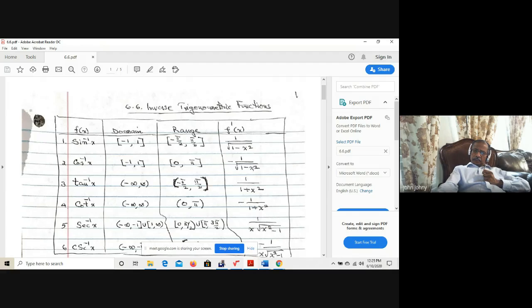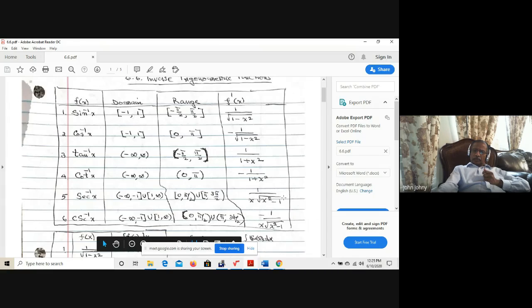Antiderivative of negative 1 over square root of 1 minus x square is cos inverse x plus c. Antiderivative of 1 over 1 plus x square is tan inverse x plus c. Antiderivative of negative 1 over 1 plus x square is cot inverse x plus c.